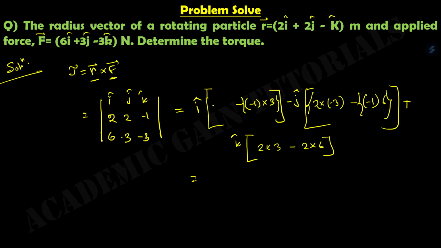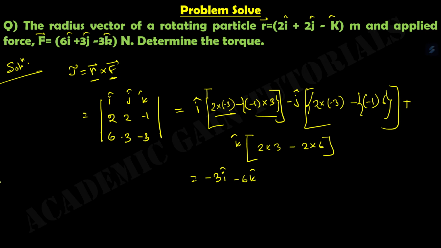Here we will find minus 3i, that will be 0 for j, and here we will find minus 6k. So this is the torque of our given statement.